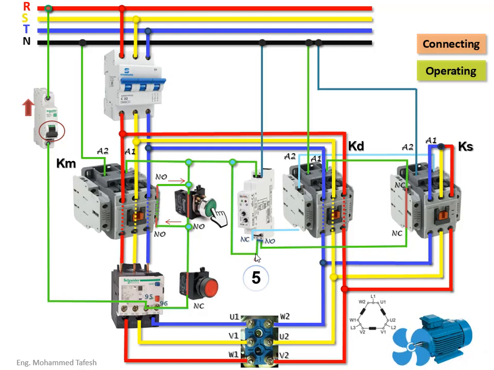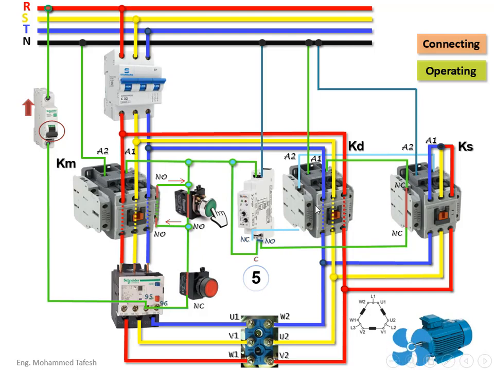The contacts in the star contactor returned as they were, and at the same time the electric current was passed in the path to the delta contactor, as you'll see here, and thus it was activated. In sum, we disconnected the star contactor and activated the delta contactor.